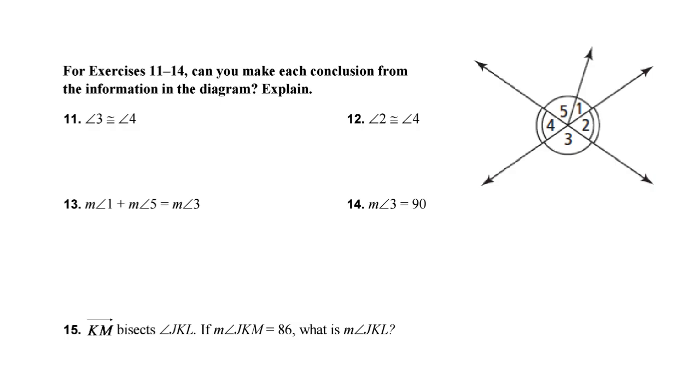Let's read the instructions for exercises 11 through 14. Can you make each conclusion from the information in the diagram? Explain. Angle 3 and angle 4 are congruent. I'm going to say no, they're not.